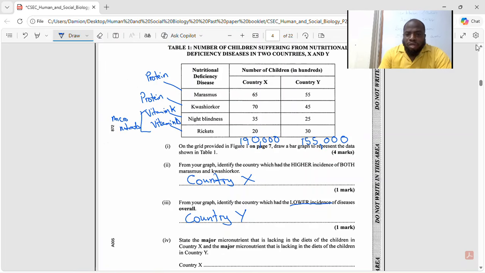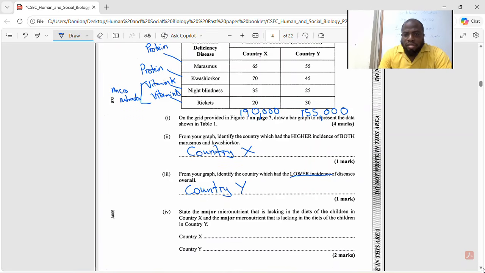And as such, when you look, night blindness is for country X. Most of their children had an issue with that, and that is a link to vitamin K. So it says name the major micronutrients. So vitamin K. What they're testing you on is whether you know the nutrient deficiency that causes night blindness.